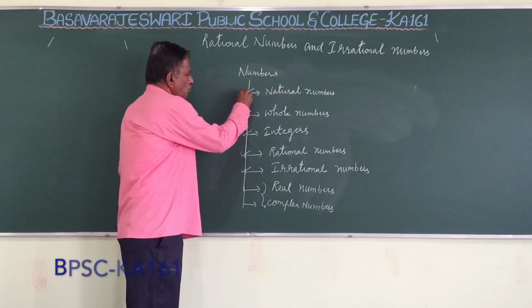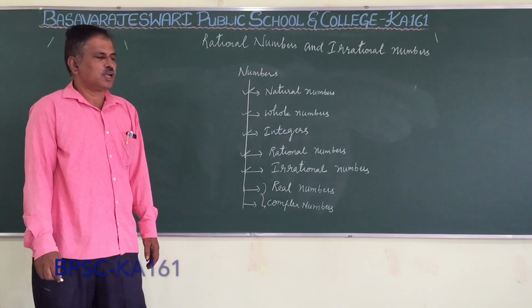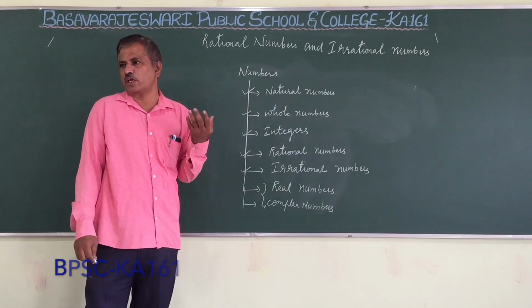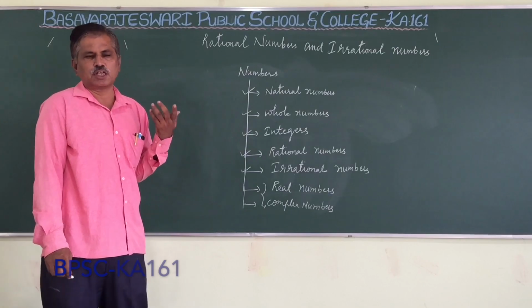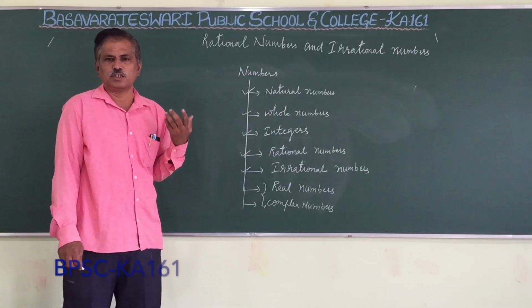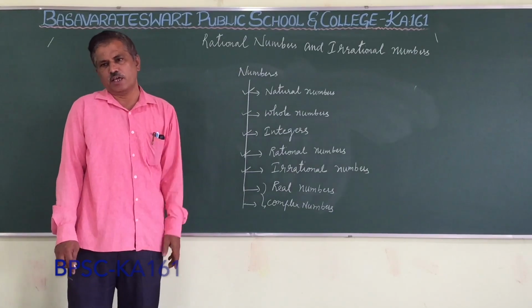First one should know what natural numbers are. Natural numbers are all the counting numbers. The counting numbers start with 1, 2, 3, 4, 5, 6, and keep going up to infinity.